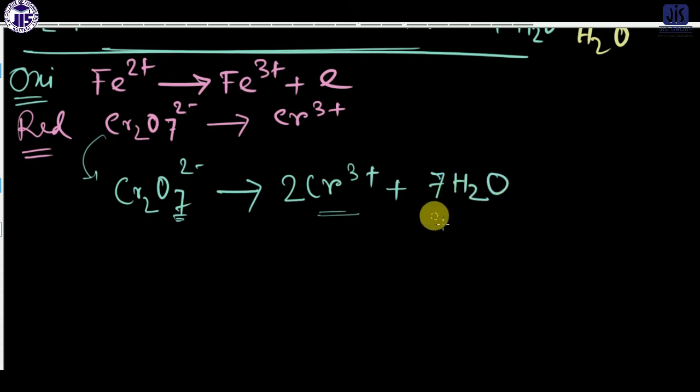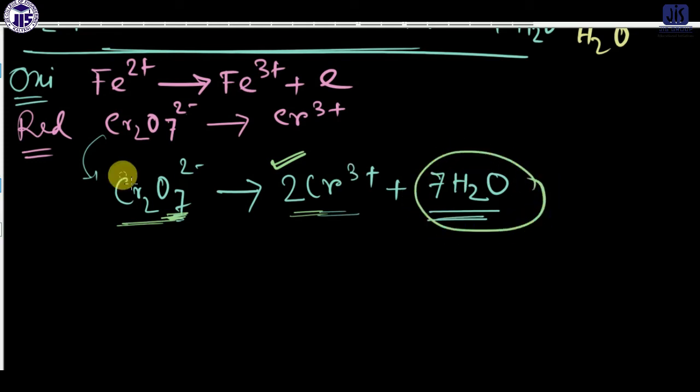I repeat: the first step, we check the number of chromium atoms. Second step, to maintain the oxygen atoms, we add 7 H2O so that the oxygen is balanced. Now there is extra hydrogen.